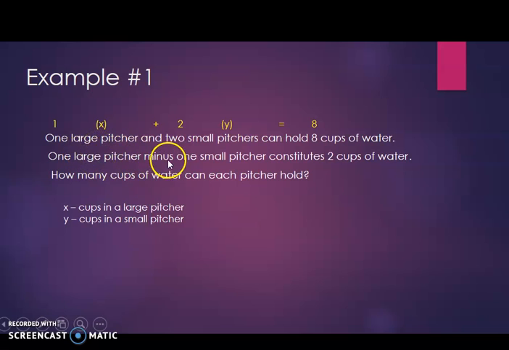So X, and then Elisha, what's going to go right here? Minus. All right, and Hayes, what's going to go right here? One small pitcher. So I've got X minus what? Y, because Y is representing the small pitcher, and that's going to constitute 2 cups of water. So I've got X minus Y is equal to 2.